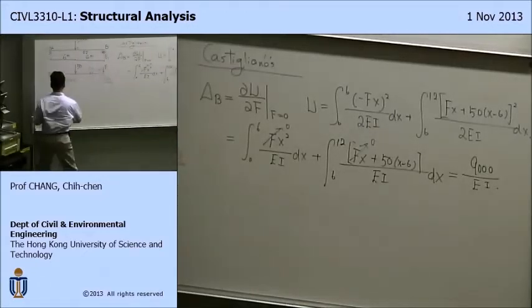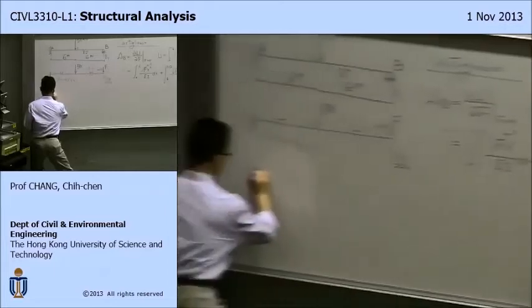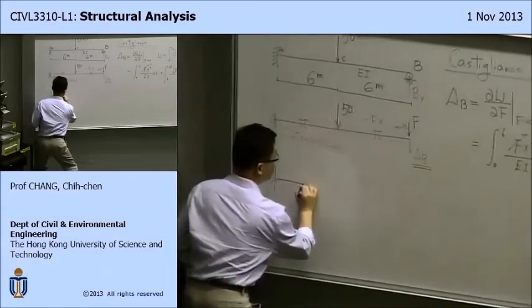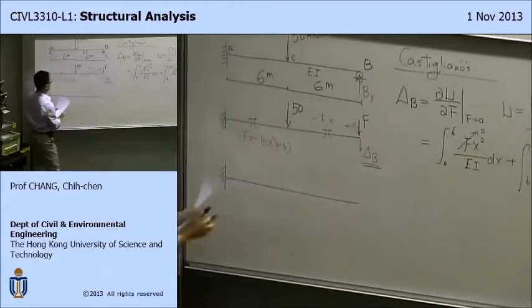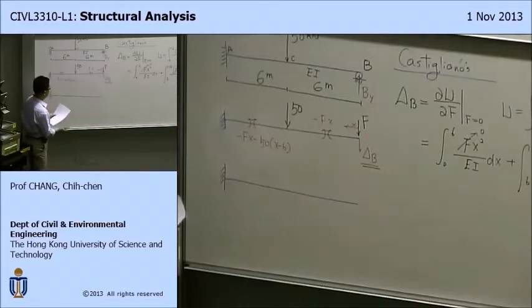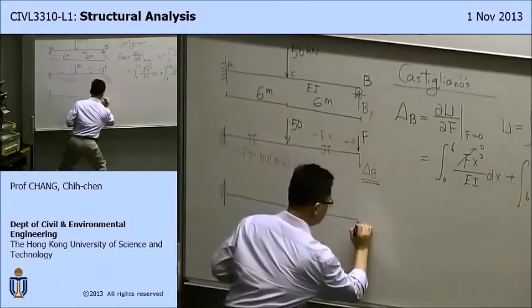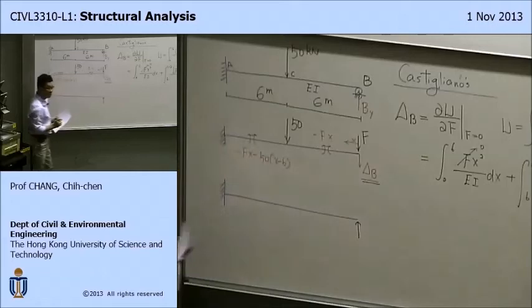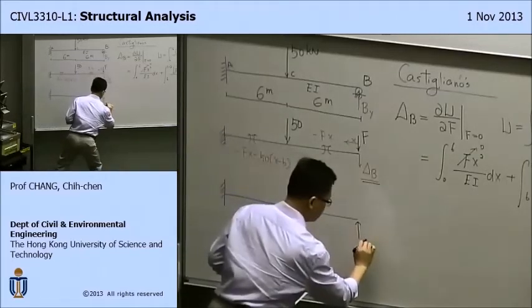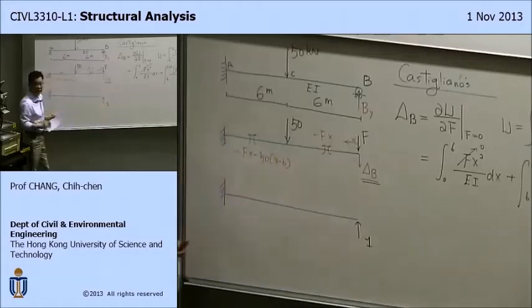The second analysis will have the redundant force only, no external force, just the redundant force. But the redundant force itself is an unknown. We don't know the redundant force, so I apply a redundant force of 1.